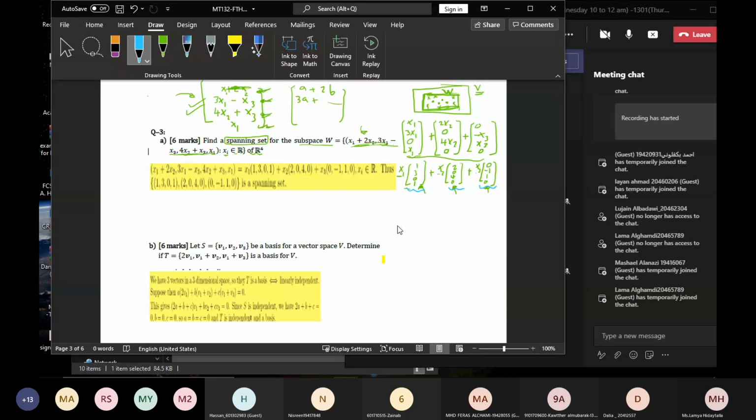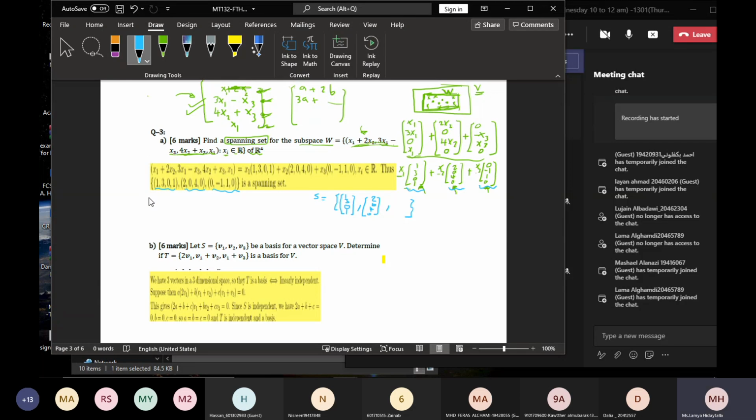So what is the spanning set? I can write the vectors like that. So this set S is the set of vectors (1, 3, 0, 1), and the second one (2, 0, 4, 0), and the third one I write and then close the bracket like that.